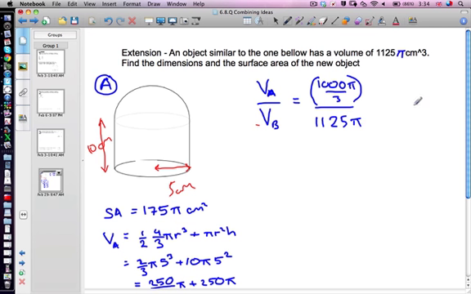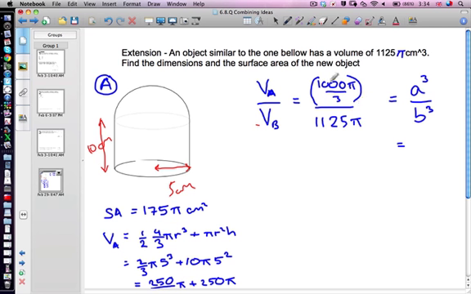Okay, so we've got the ratio of the volumes. Now what we learned before when we were doing similarity is that if the side lengths are in the ratio A to B, the volumes are in the ratio A cubed to B cubed. Now on a calculator, what we can do is try to simplify this fraction.